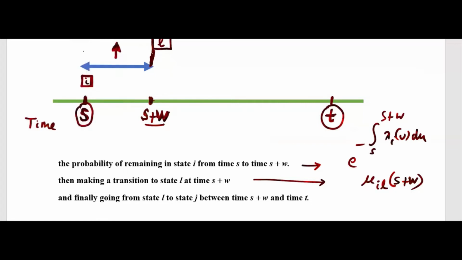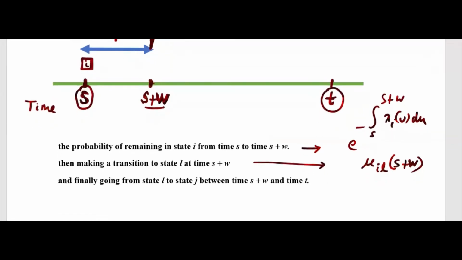Once this is done, then the last one, S plus W to T. It's recursion. We'll repeat the same. We'll write P L to J, S plus W to T, which is equivalent to the original one, P I J S T. This is the left hand side.